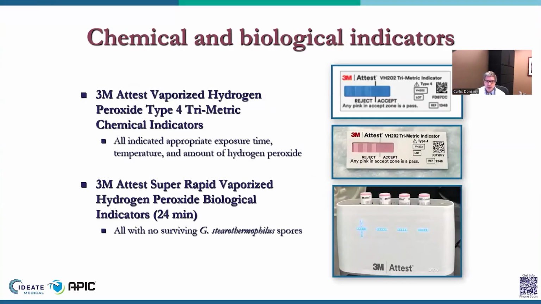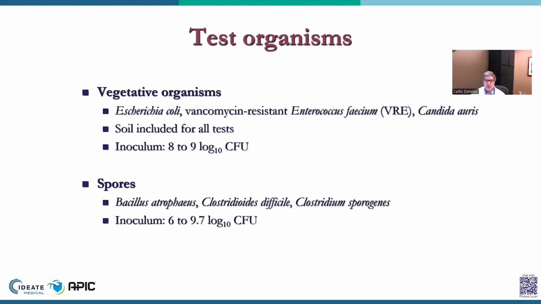So we use chemical and biological indicators with all our testing, and those are shown here. With the Steriscope technology, there were no failures. All the chemical indicators passed, and for the biological indicators, there were no surviving Geobacillus spores. So it works inside the container.